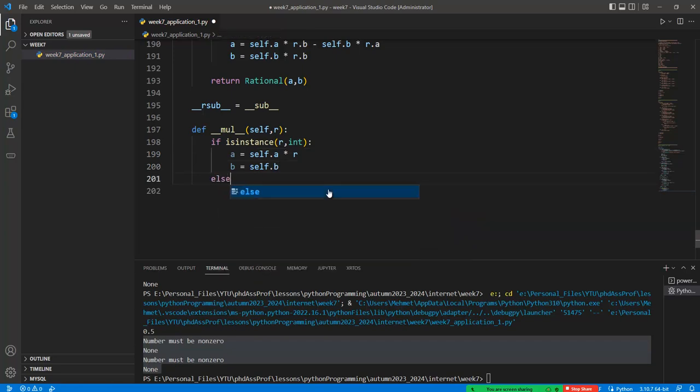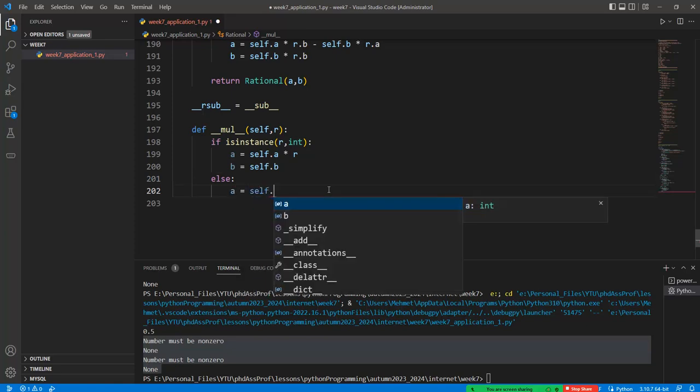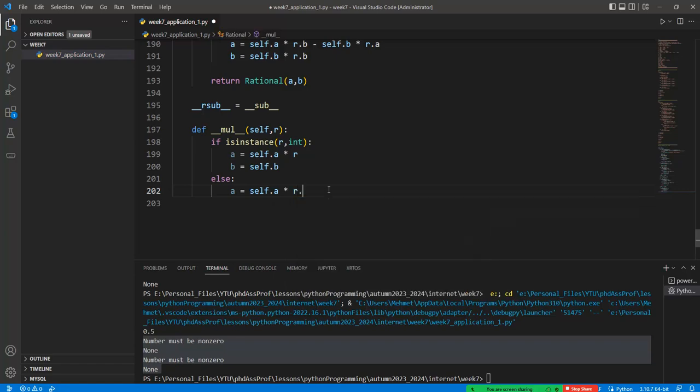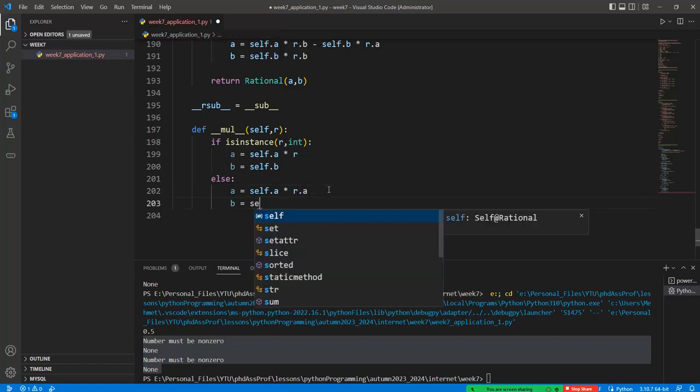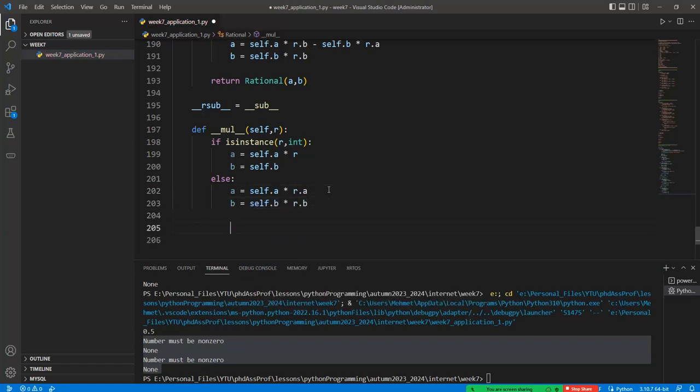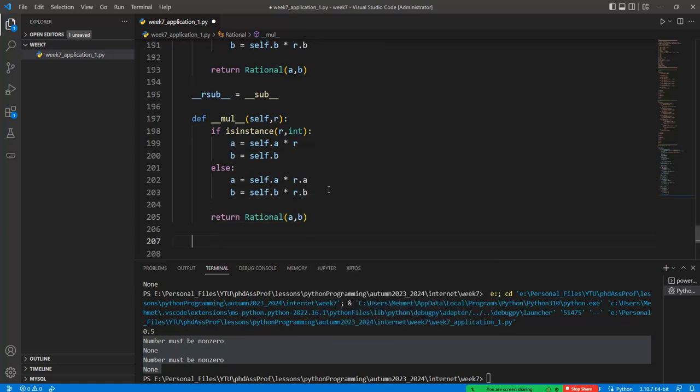Okay, but if this is not the case and a rational number is given to the r parameter, then a is self a times r a, and b is self b times r b. Okay, and after that we can return the rational number constructor with the parameters a and b. Okay, and after that we should give the reverse operation with this definition. And this mul is assigned to the rmul parameter. Okay.